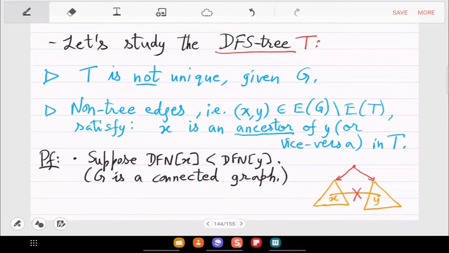So Y is unvisited when X was visited, and then DFS X starts and proceeds, and at some point it will reach Y, at which point you will get the DFN of Y. So DFS X would visit Y, and when it visits Y, it becomes a descendant in the tree.